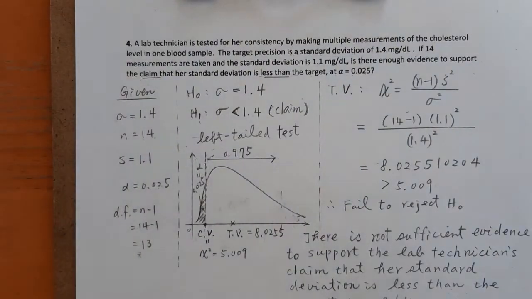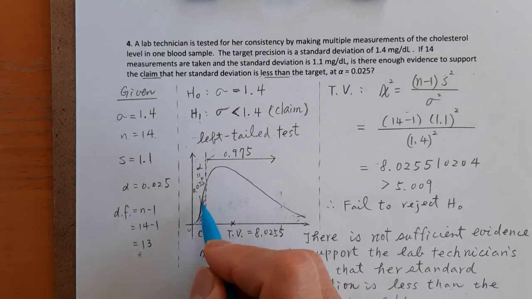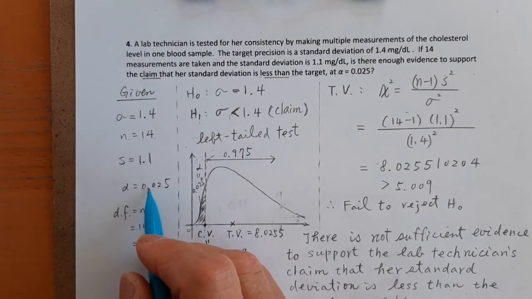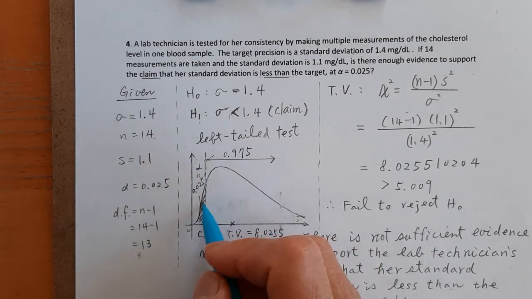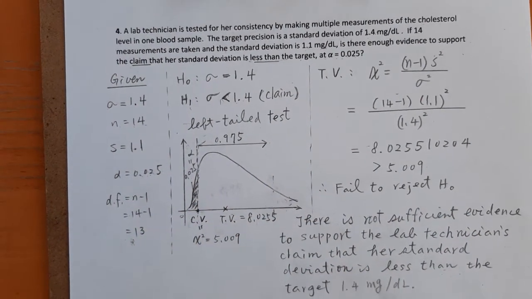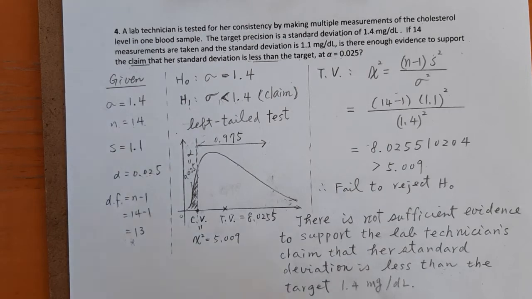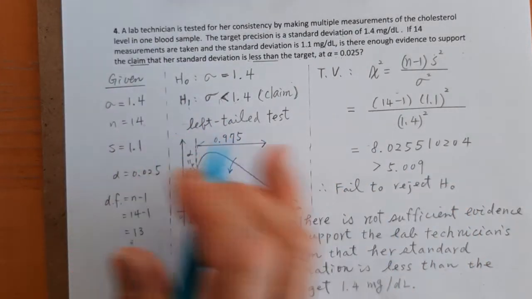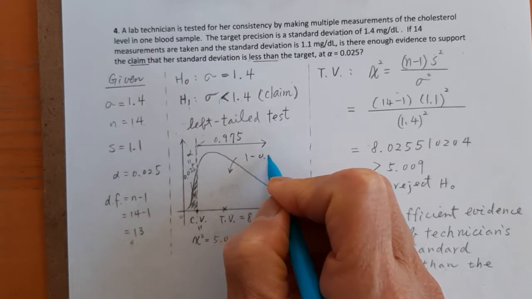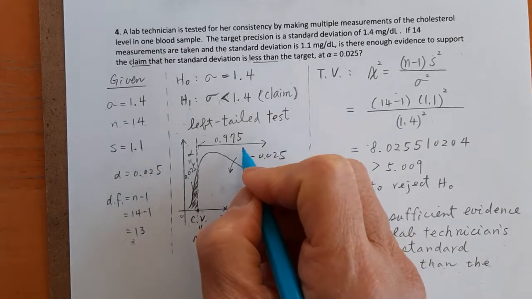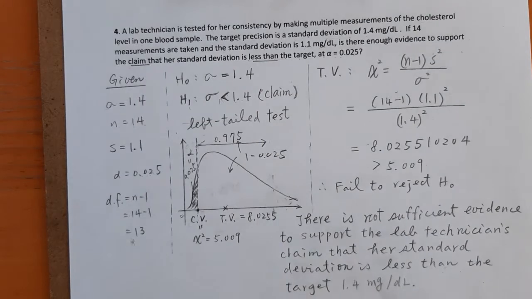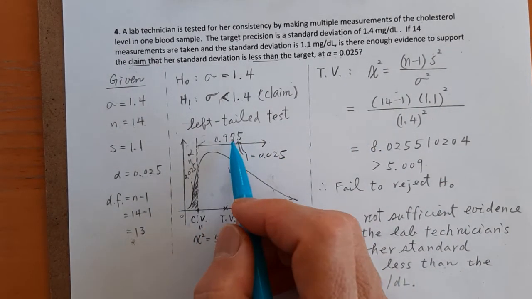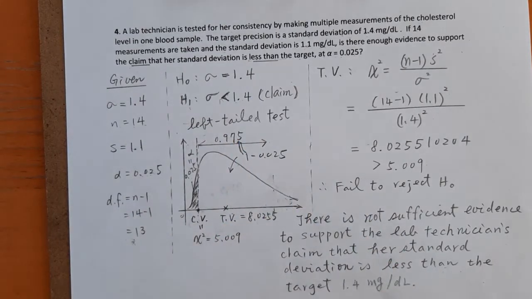So for this question, since it's a left tail test, this alpha of 0.025 totally goes to the left. So the area to the right is 1 minus 0.025, which equals 0.975 to the right.